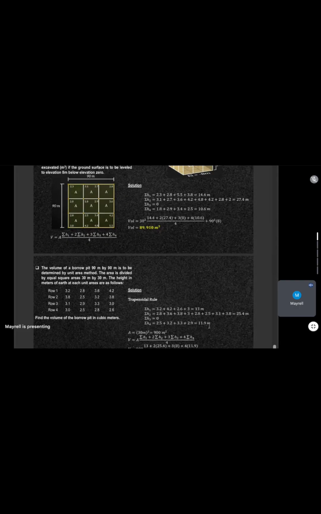So that's 11.9 meters. The area is still 30 by 30, the equal square areas, so 30 by 30 is 900 square meters.